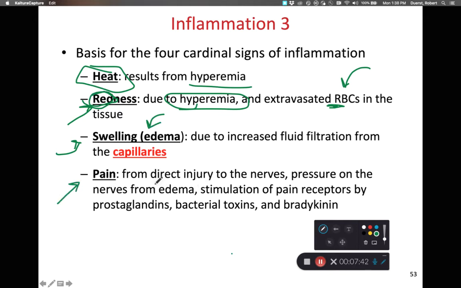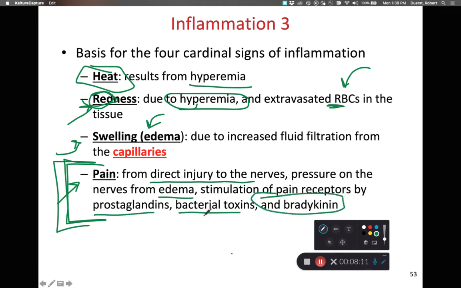Pain is going to be caused from direct injury to the nerves, so the initial injury, but as there's some swelling, and usually this is when inflammation becomes bad, if we have too much swelling, the nerve endings are pushed against by the edema or the swelling of the tissues, and that's going to stimulate more pain receptors. We're also going to have stimulation of pain receptors by some prostaglandins, bacterial toxins, and bradykinins.